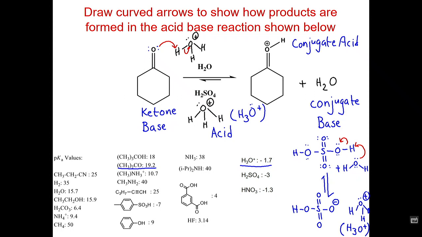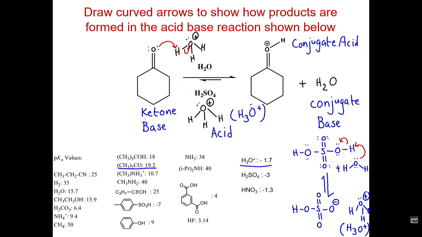To summarize, here we had a reaction where a ketone reacts in an acidic solution made up of water and H2SO4. We first had to determine which of these compounds would act as the acid. When we have water and H2SO4, we have hydronium in solution.